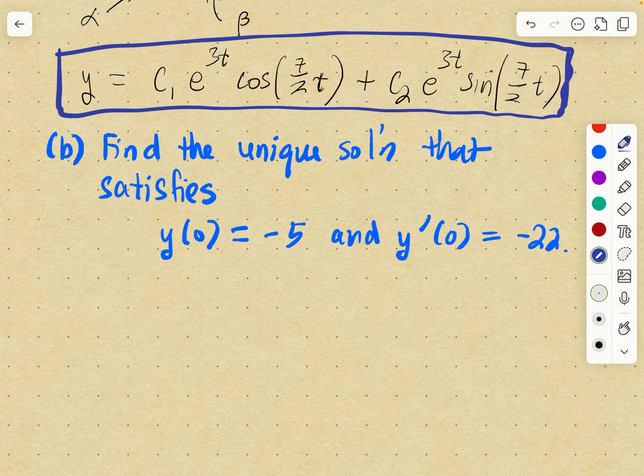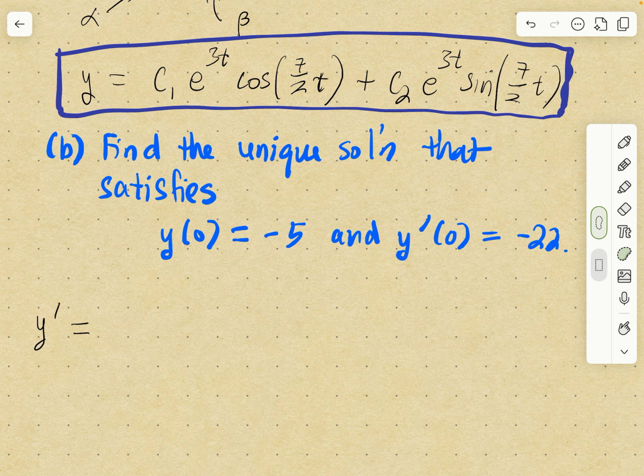So what do you get when you take the derivative of y? Well, what rules do you have to use here? There's a product rule, right? Because there's e to the 3t, and then there's a cosine of 7 over 2t.